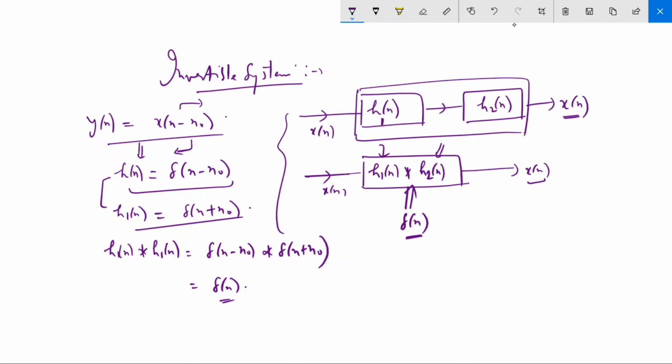So h1[n], which is delta[n plus n naught], is nothing but the inverse of h[n], which is delta[n minus n naught]. And the convolution of these two is delta[n].